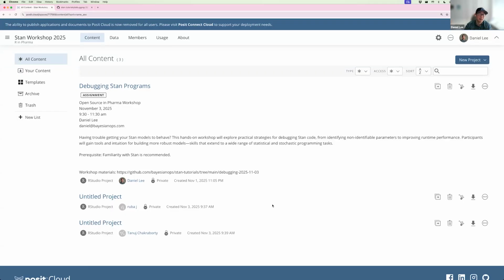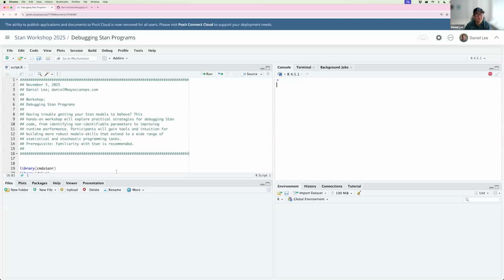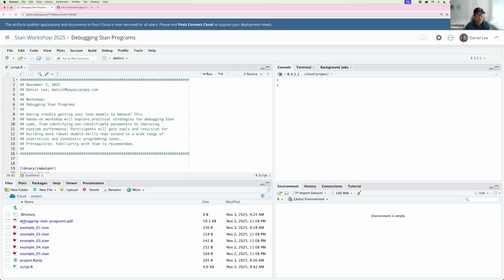It'll give you a space with RStudio. It should have these seven files: the slides as a PDF, and then five different examples and a script to run it. Says no content.